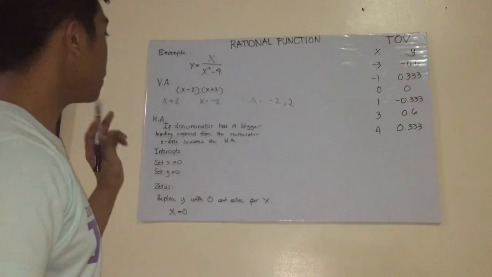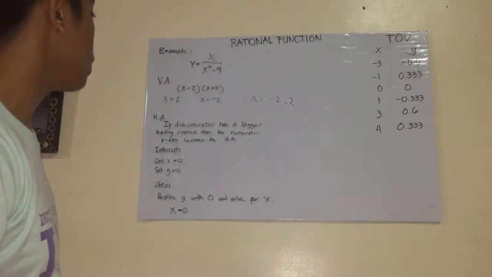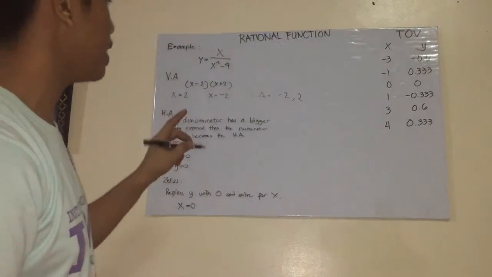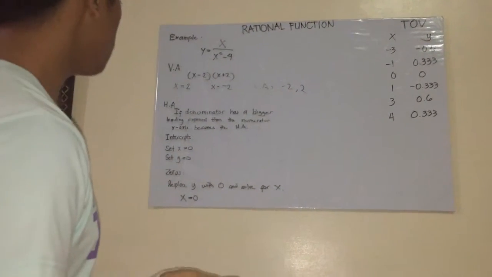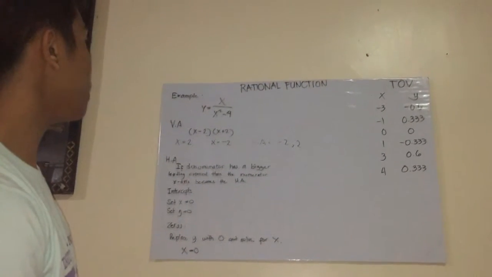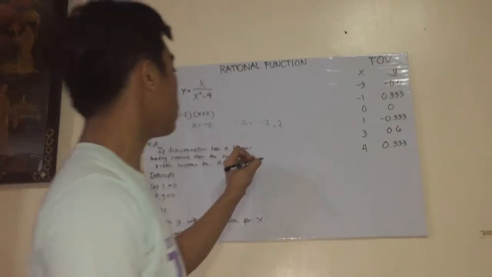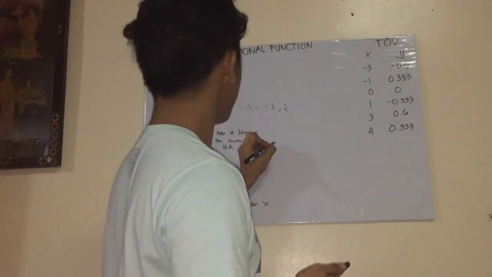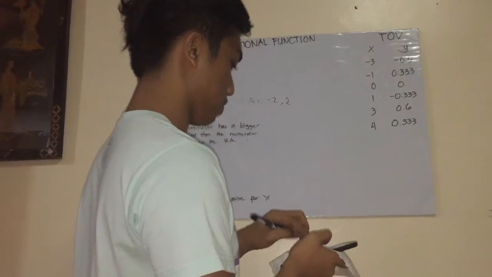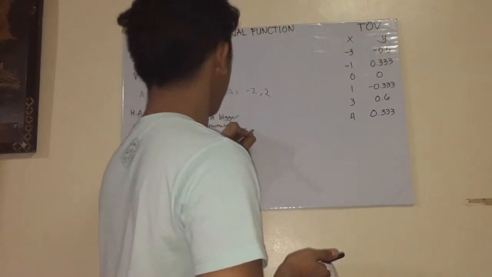So, horizontal asymptote. Tatandaan nyo, if denominator has a bigger leading exponent than the numerator, x-axis become the horizontal asymptote. So, ang makukuha natin dito, since mas malaki yung sa denominator niya, ang horizontal asymptote natin is 0.